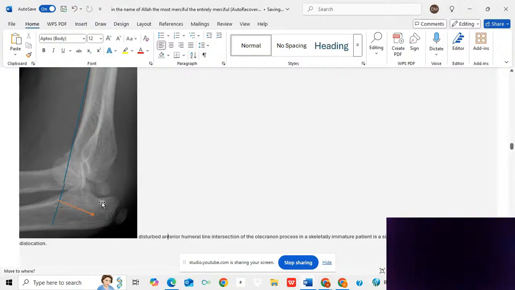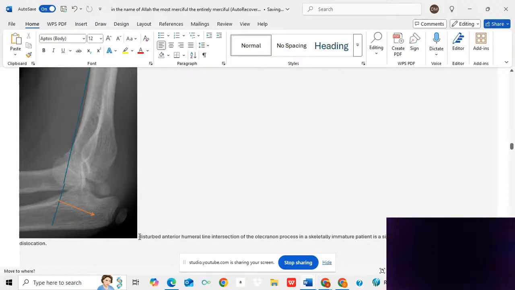It doesn't intersect the olecranon process. It's not here. This is the process. Okay. So what does it mean? It means that the olecranon process is displaced backwards. This means posterior elbow joint dislocation.